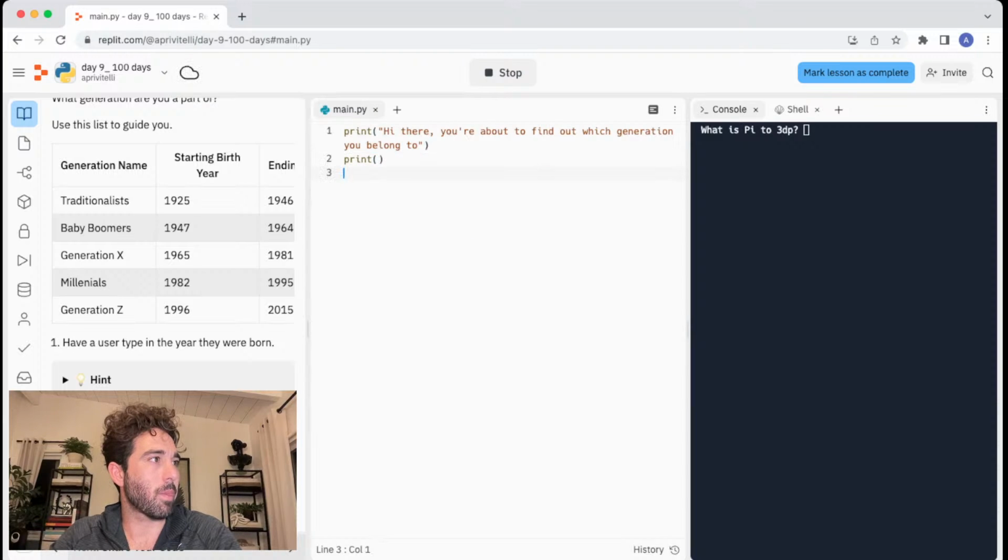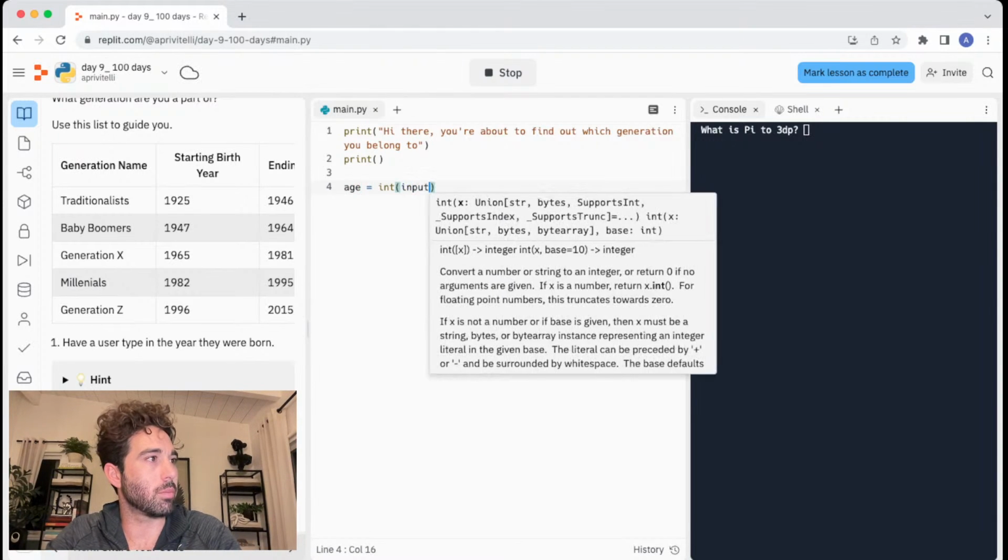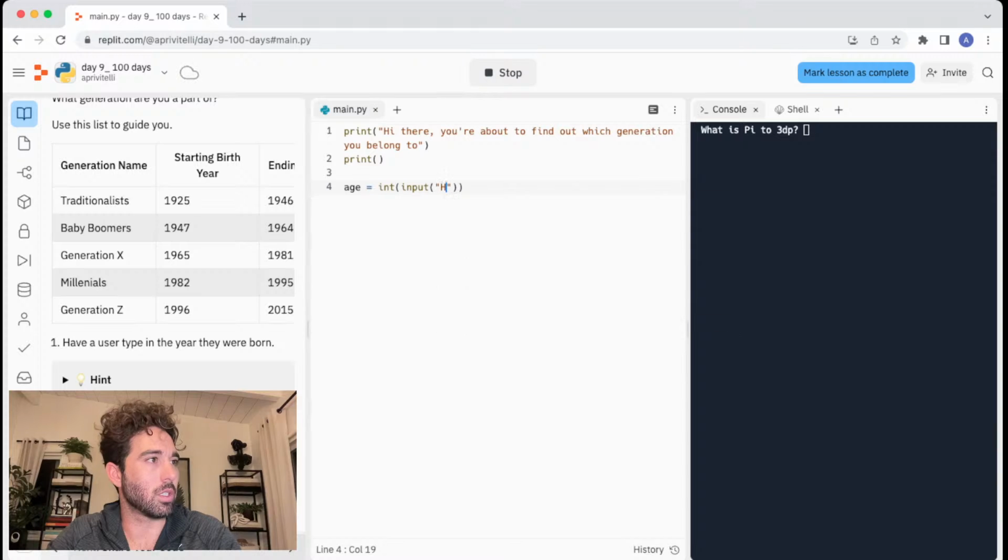Print. age equals int input, how old are you?